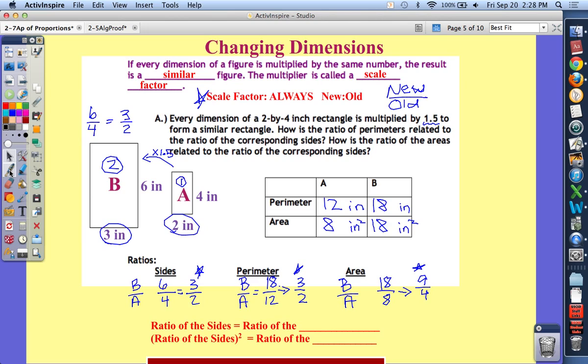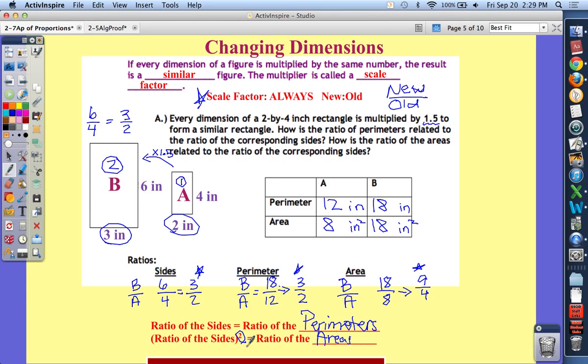The ratio of the sides is equal to the ratio of the what? What do we find that was equal? The perimeters. So those are always going to be equal. But the areas weren't equal. The ratio of the areas was equal to the ratio of the sides squared.